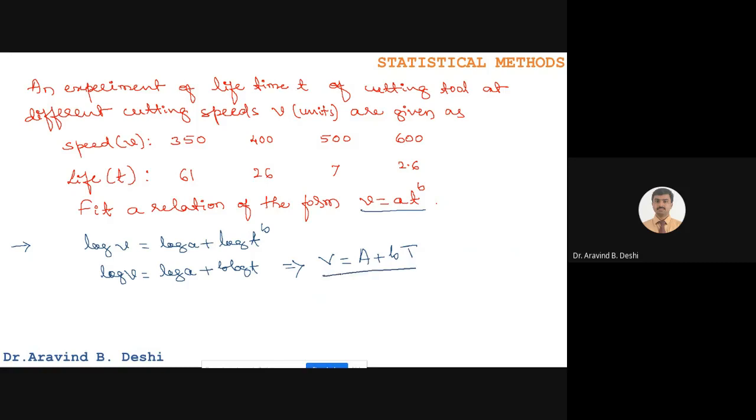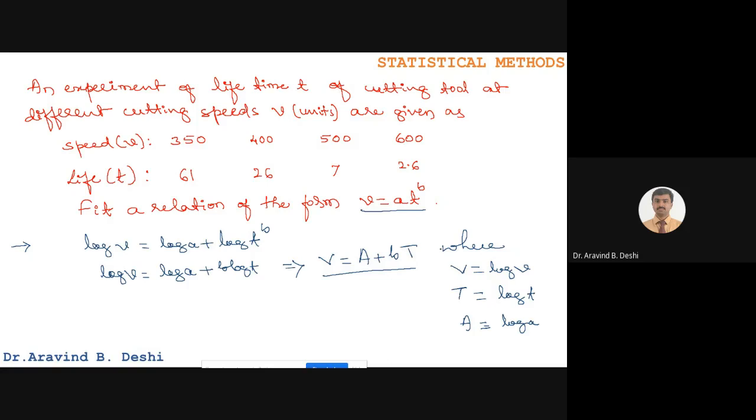This is the straight line form of y equal to a plus bx, where capital V is log v, capital T is log t, and like in the previous example, capital A is log a.